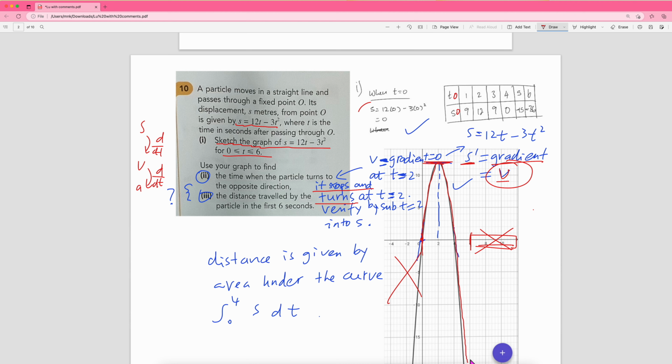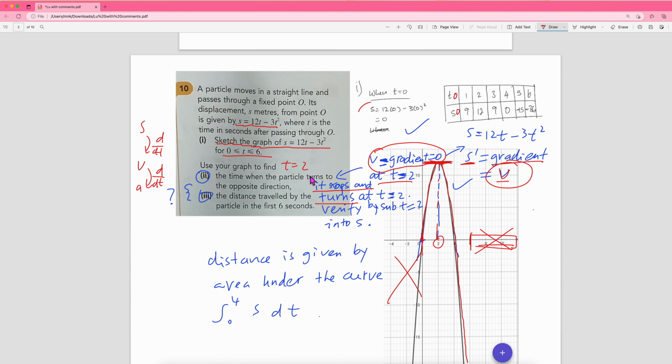Somewhere here. From 0 to 6, the curve here, at which point is the gradient 0? The turning point, here, right? Then I come down and ask myself, the t equals to 2. That's why I say v, the gradient, equals to 0 at time equals to 2. Therefore, the first answer is t equals to 2.